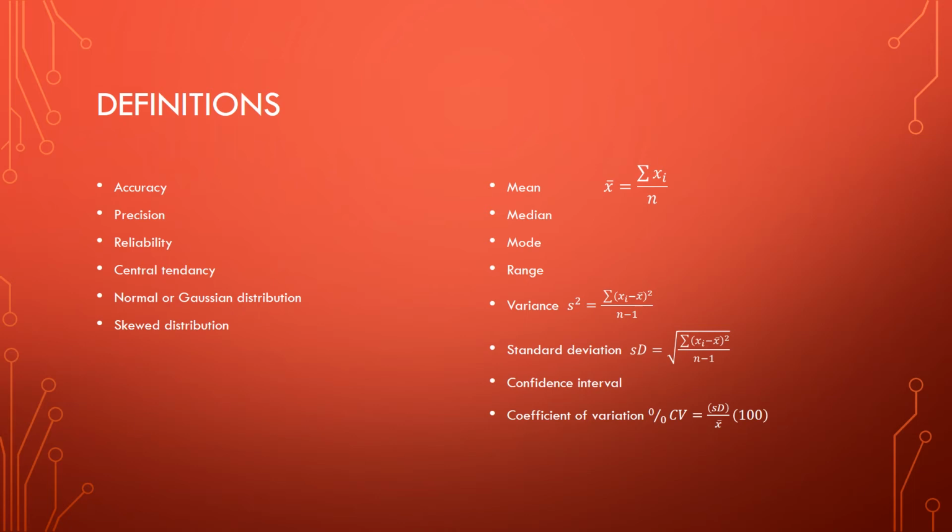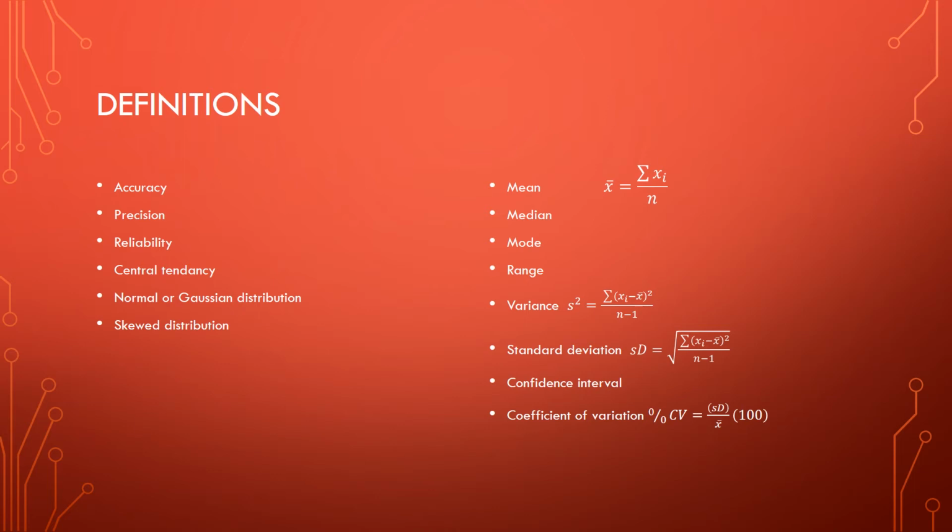Standard deviation is something that is vital in the laboratory because we base our range upon the standard deviations of particular data sets. The standard deviation will represent the dispersion of the data points around the mean itself, and this is equal to the square root of the variance.